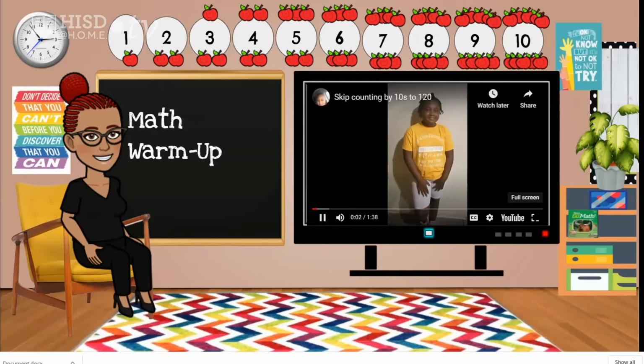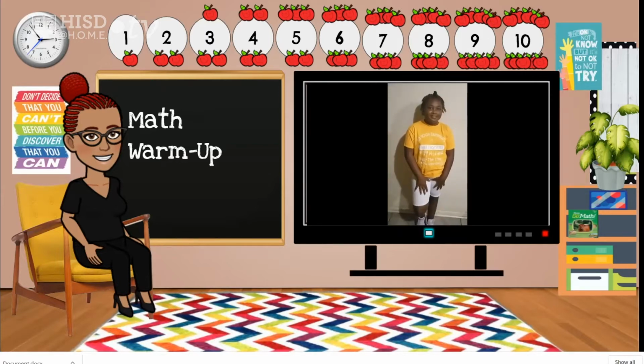For our warm-up today, we're going to be skip counting from 0 to 120. I need you to stand up nice and tall, tall like a soldier, and we're going to be using the body actions of head, shoulders, knees, and toes.